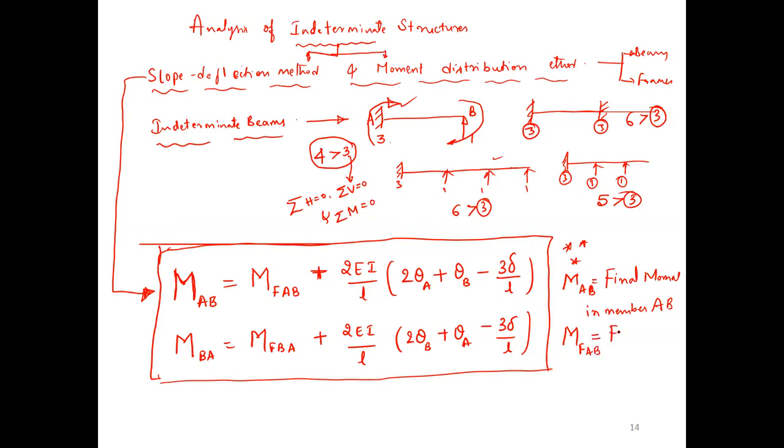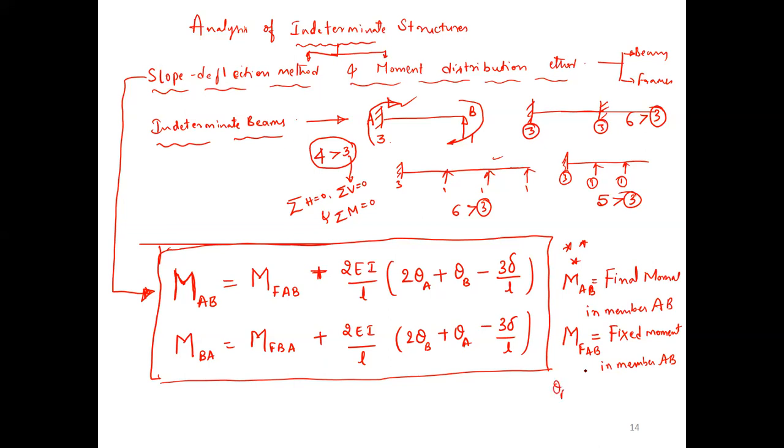MFAB is the fixed moment in member AB. Similarly, MFBA is the fixed moment in member BA.